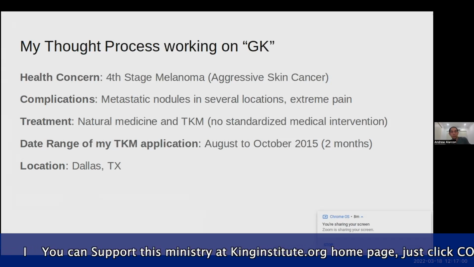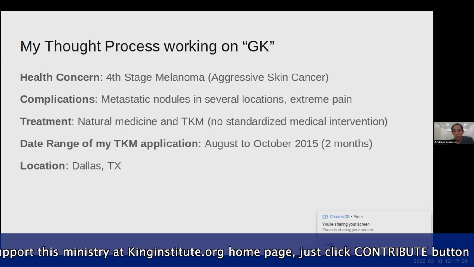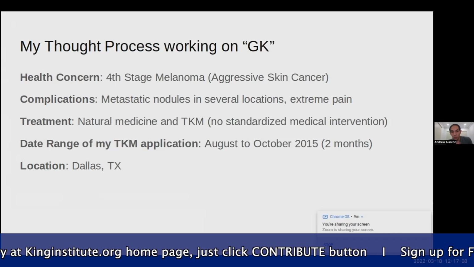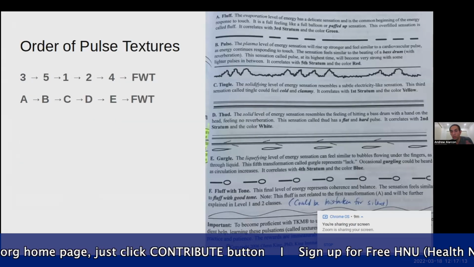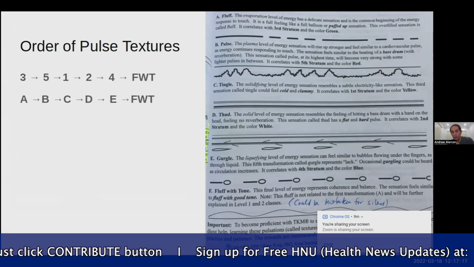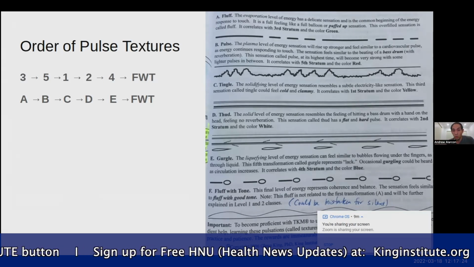All right. So I wanted to share with you my thought process on working on this project. And so you'll see why I started with the first slide, which is the order of pulses, because you'll find that the trend or the pattern actually follows this order.